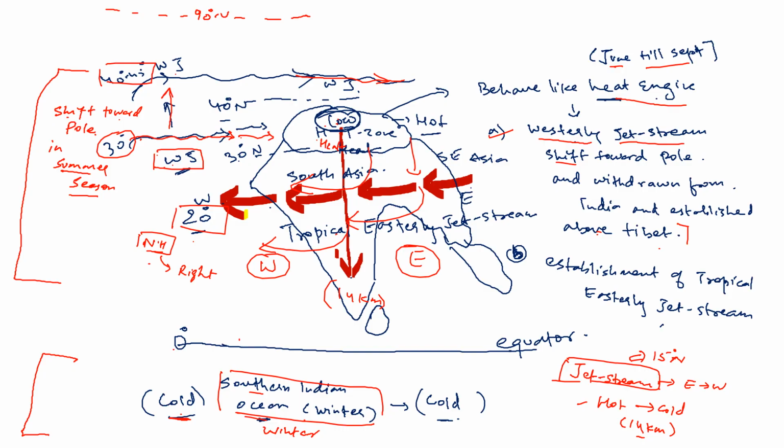That is the reason why the tropical easterly jet stream is flowing east to west, and this season is summer, June till September. The role of this jet stream is that it welcomes the sudden arrival of the southwest monsoon over India and causes good rainfall. It flows at a height of around 14 kilometers, maintaining a low pressure or cyclonic conditions over India that attract the southwest monsoon.